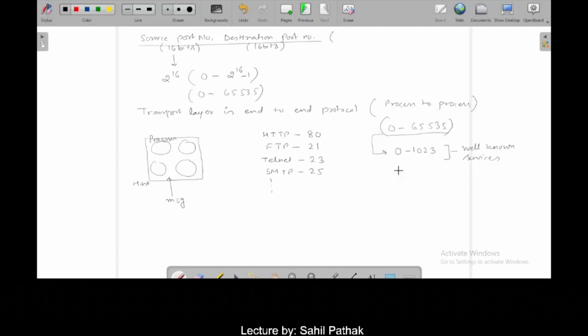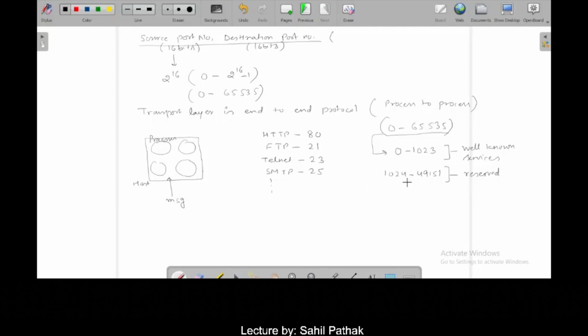And from 1024 to 49151, these are the port numbers which are kept reserved. Why are these kept reserved? Because at a later stage, whenever some application becomes a well-known service, we can take a port number from the reserved part.